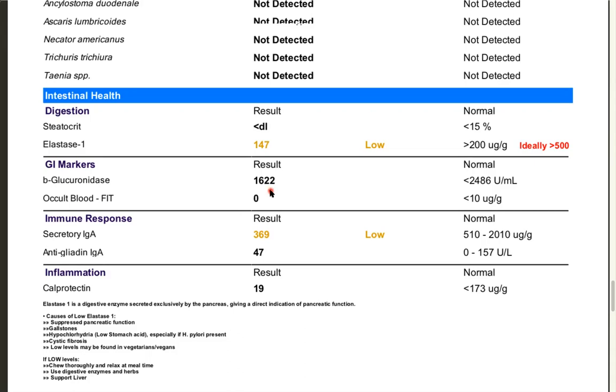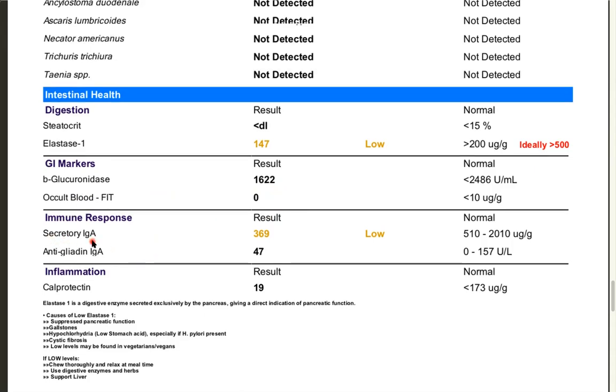So in an acne case, for example, if I suspect that it's hormonal, I want to see this number to ensure that liver function is working properly and that they're not recirculating excess hormones in their body and causing issues at the skin level. The next one, this is occult blood. So there's no blood in the stool, which is great.